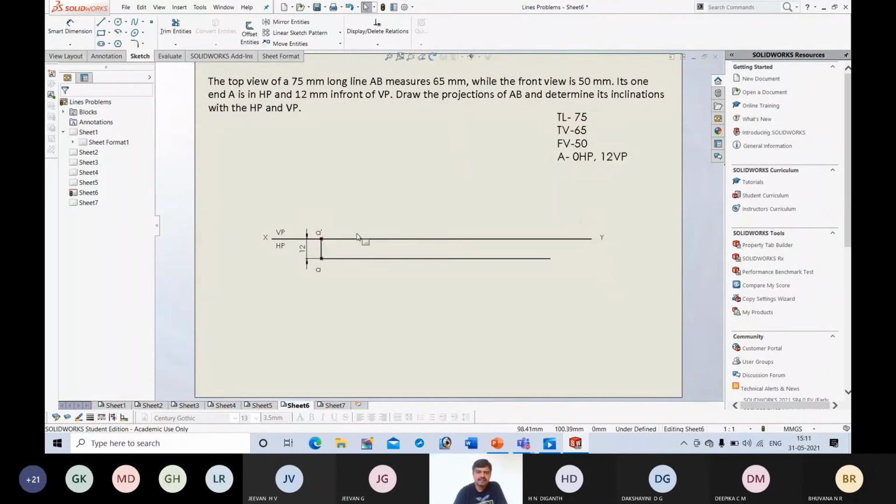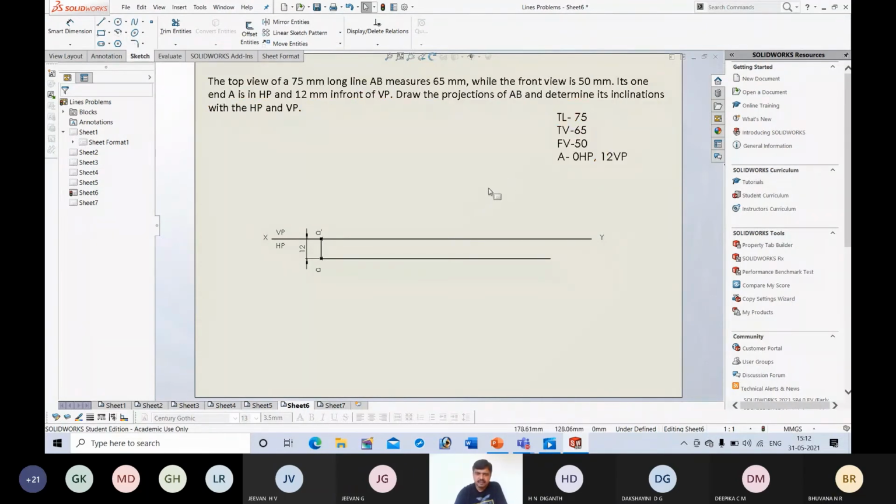If I knew the inclination of the true length line, top view and front view, I could easily have drawn the inclined line and got the locus of B and completed the procedure. But here the problem is I don't know the inclinations.